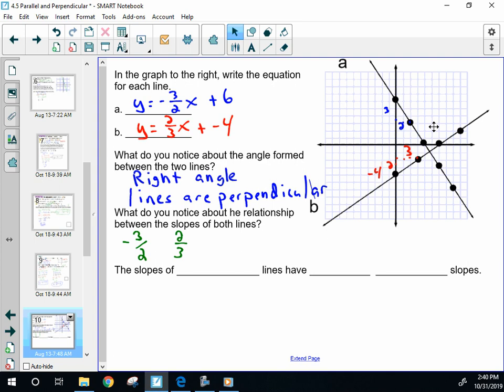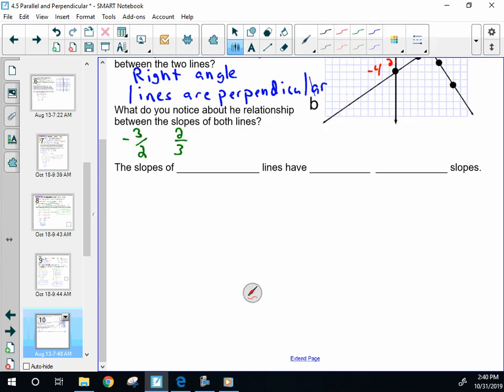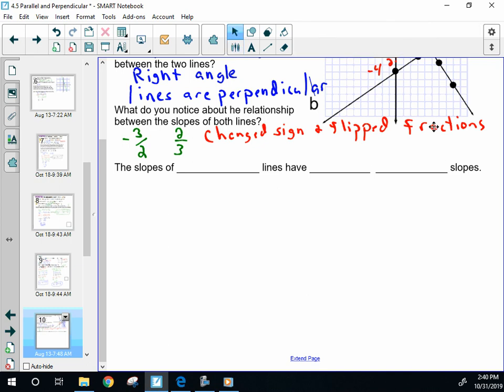What else do I notice? I flipped them, right? So what I noticed here is I changed the sign and I flipped the fractions. What we do is we call that opposite reciprocal slopes.